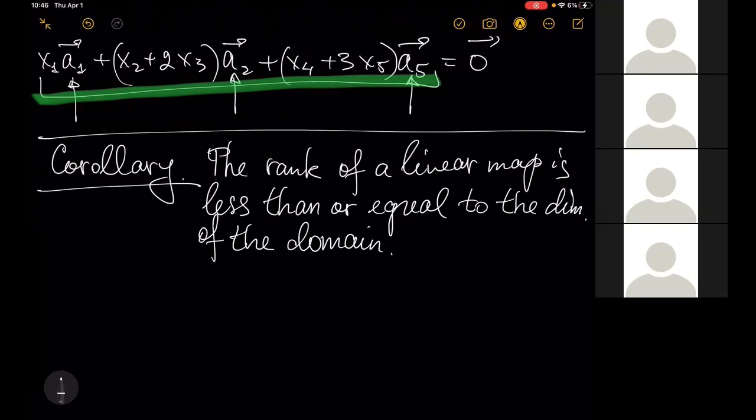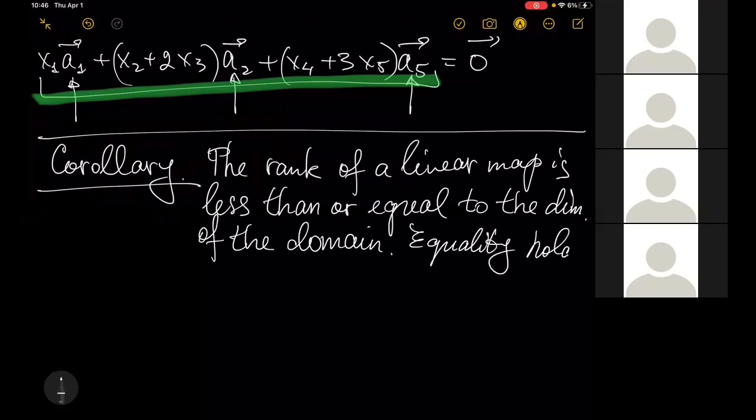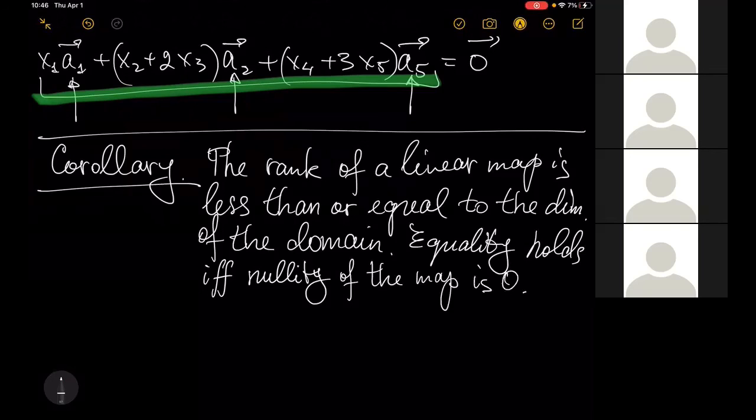Equality holds if and only if the nullity of the map is 0. What does it mean that the nullity of the map is 0?